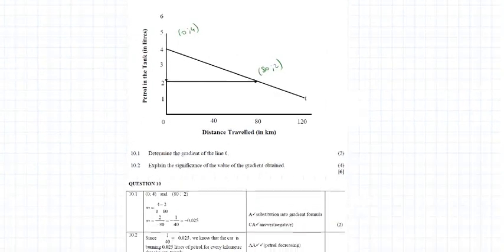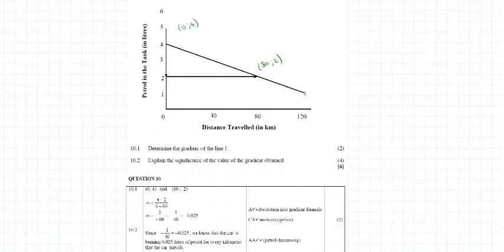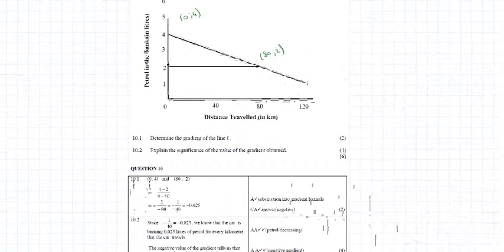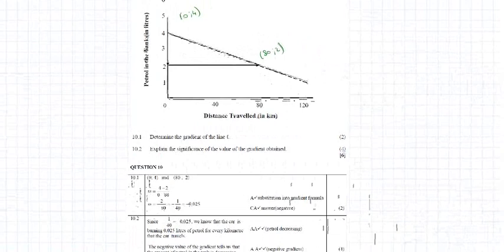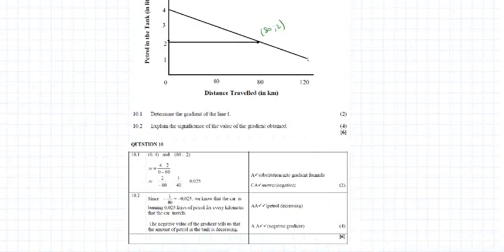That's it. And then explain the significance of the value of the gradient obtained. So why is it important? It shows the decrease in petrol, isn't it? If the gradient is lower, then there's less consumption of petrol, or if it is steeper, then that's a problem with the car.